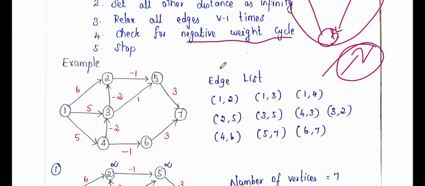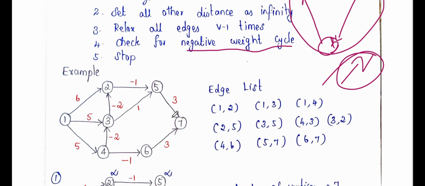Okay. Take this as one example. What edges are there? 1 to 2, 1 to 3, 1 to 4, 2 to 3. We must write them in order. You take vertex 1 and all its connected vertices: 1 to 2, 1 to 3, 1 to 4.